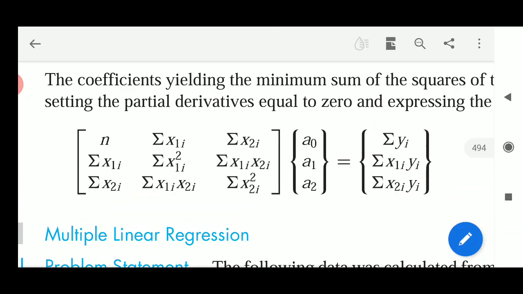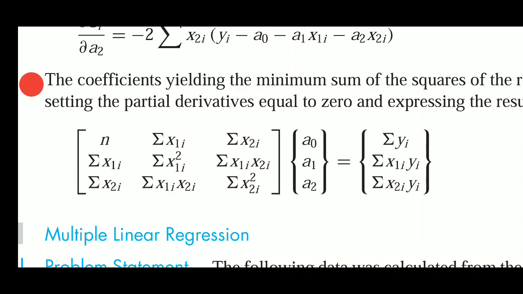Summation x2i will be adding all the x2 values together. Then similarly summation x1i square means square every point of x1, add them up, and so on and so forth. Similarly on the right hand side. So you can do it easily. This is a simple numerical arithmetic calculation that has to be done and substituted in the matrix form.